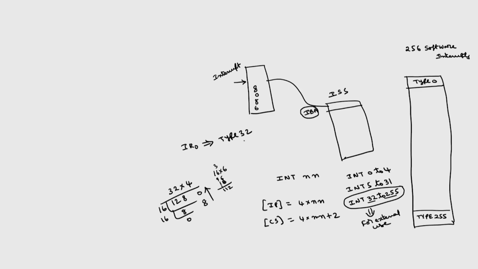So type 32 corresponds to the hexadecimal value 80H.